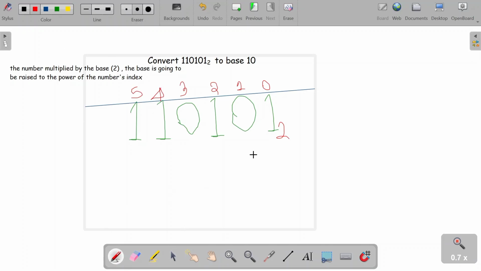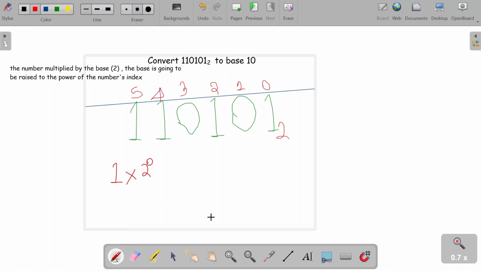So we're going to have the first number, which is this 1. We'll say 1 multiplied by its base number, which is what? 2, raised to the power of 0, right? That's what you would have expected since we counted from the back.